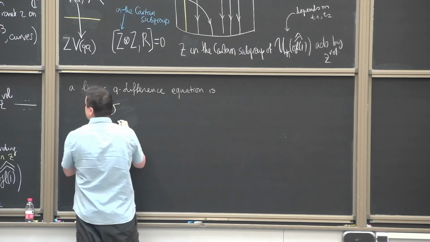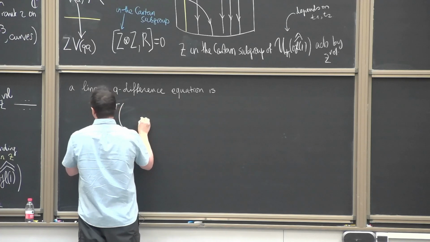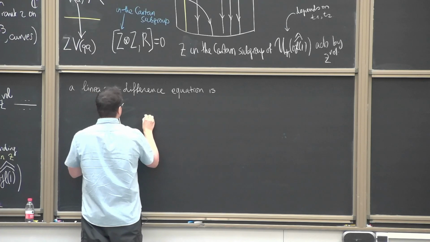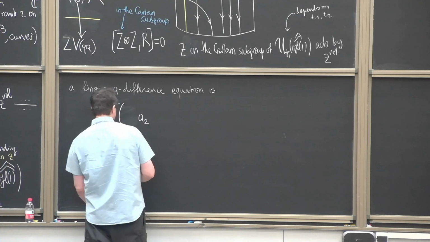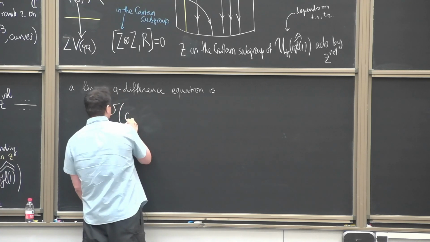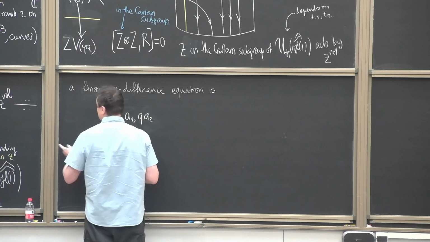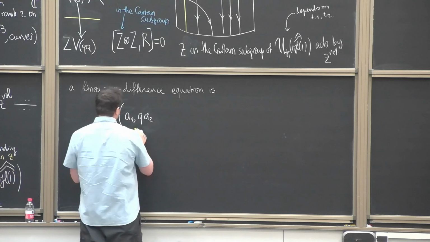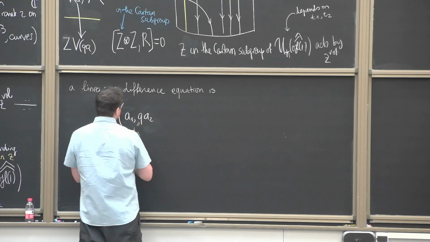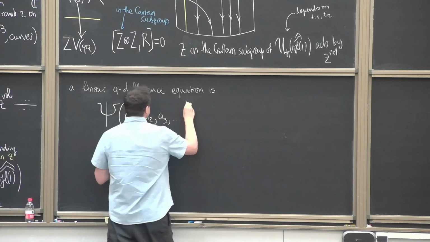So psi of, what's going to happen? We shift some a, in this case we take a2 and we shift it by a1, then we put q a2, and like I said, q is t3. And then a3, and then all variables.